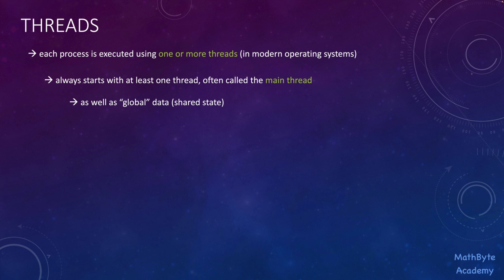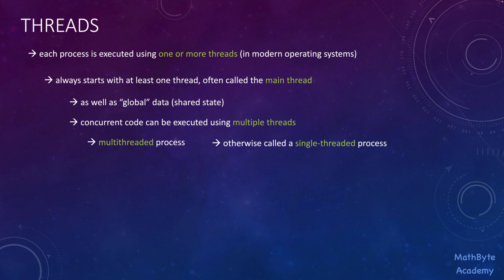And this thread now has this global data, this shared state that's essentially for the process as a whole. But all these threads have access to this global data. So concurrent code in our process can be executed using multiple threads, right? And this is called a multi-threaded process.